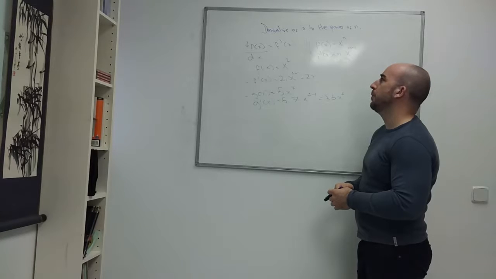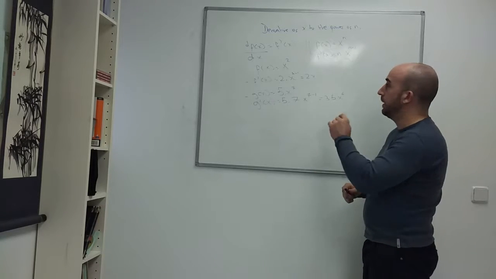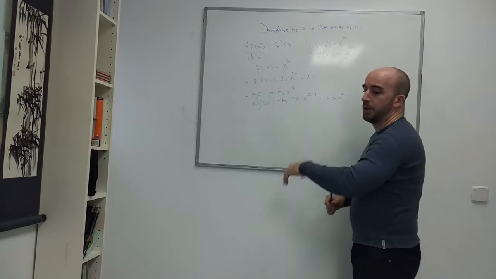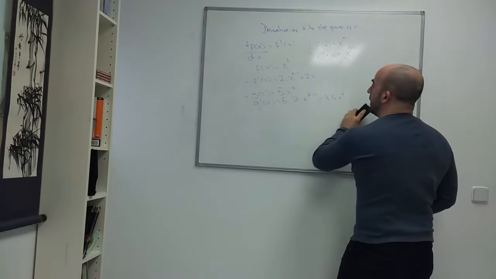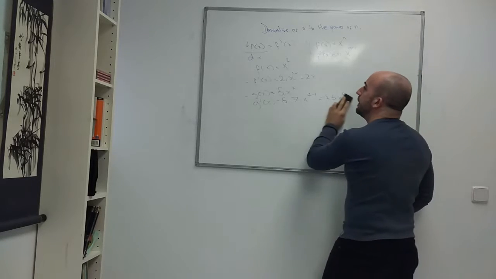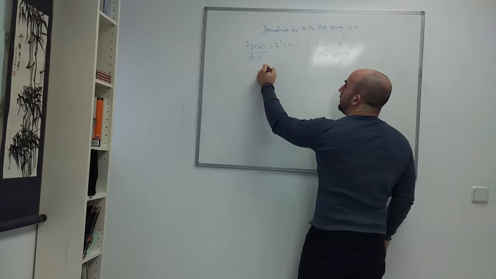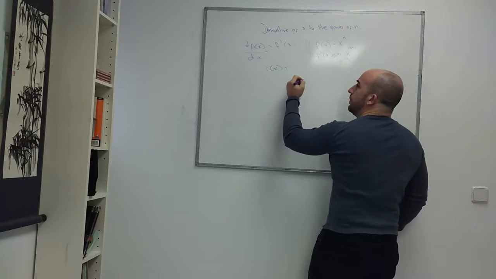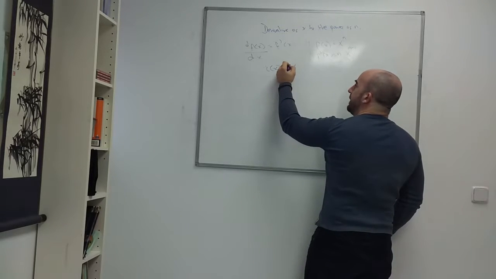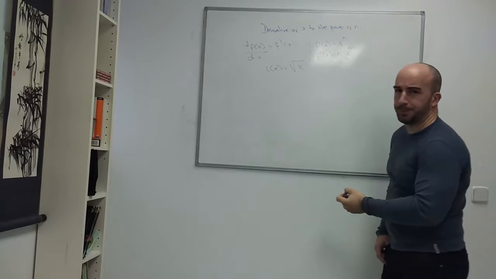How would you do it when n is not an integer? For example, it can be a negative integer, or a fraction. So imagine you have f(x) equals, let's make it easy, the square root of x.